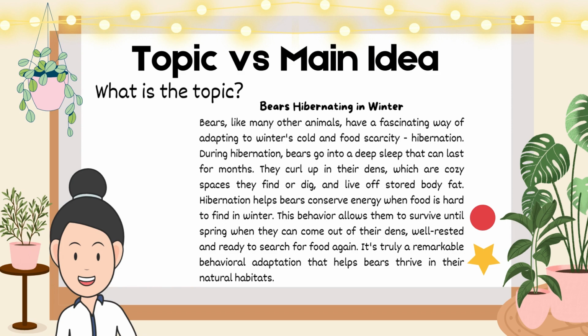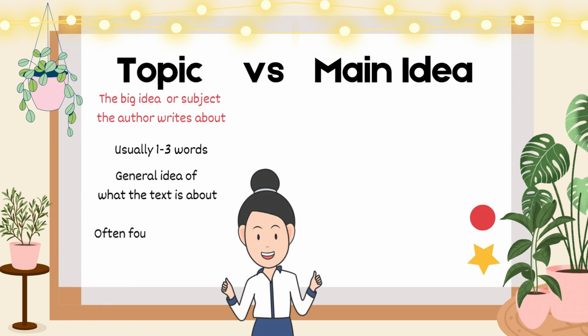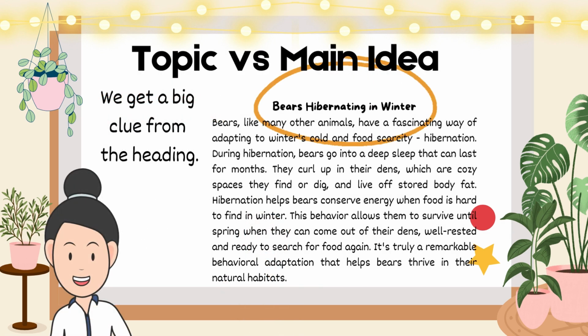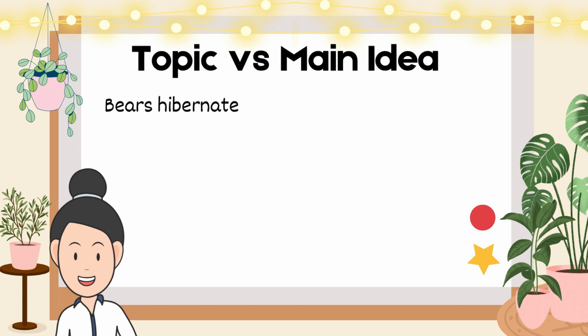What is the topic? Remember, when we're looking for the topic, we can often get a clue right in the heading or the title. I think the topic of this text is Bears Hibernate.